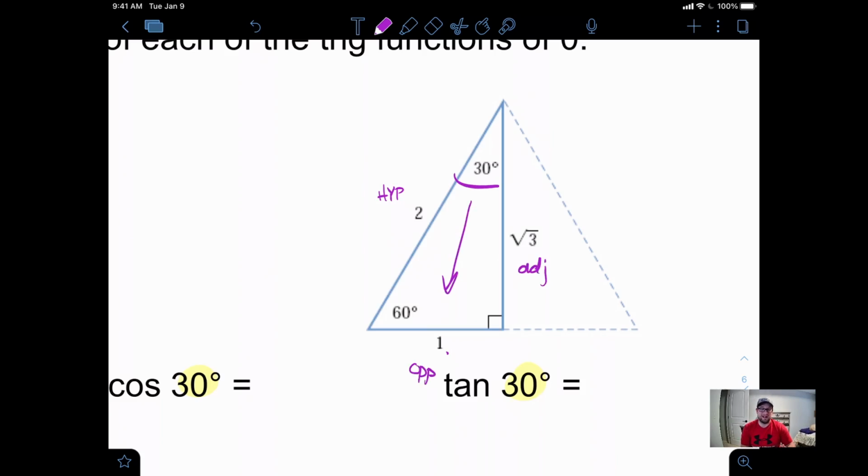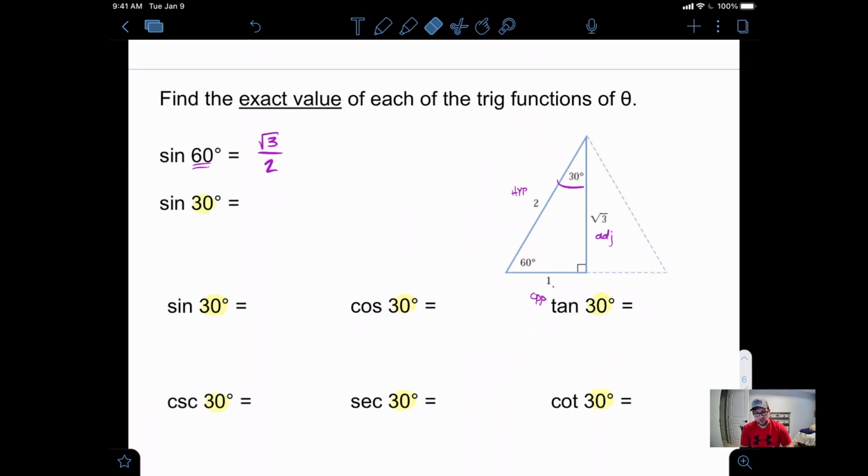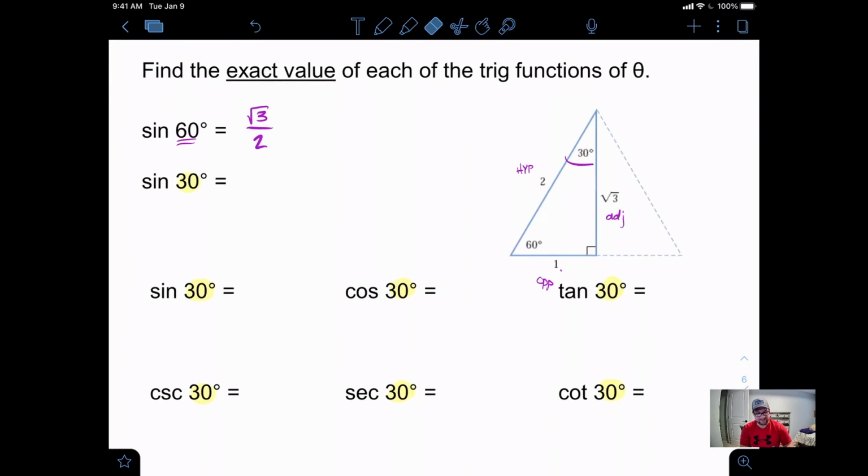The hypotenuse, you may notice, did not move in this situation. So using those new ones, now when I look at the sine of 30, the sine of 30 would be equal to 1, right? It's the opposite over the hypotenuse, over 2, 1/2, which again shows up right here.